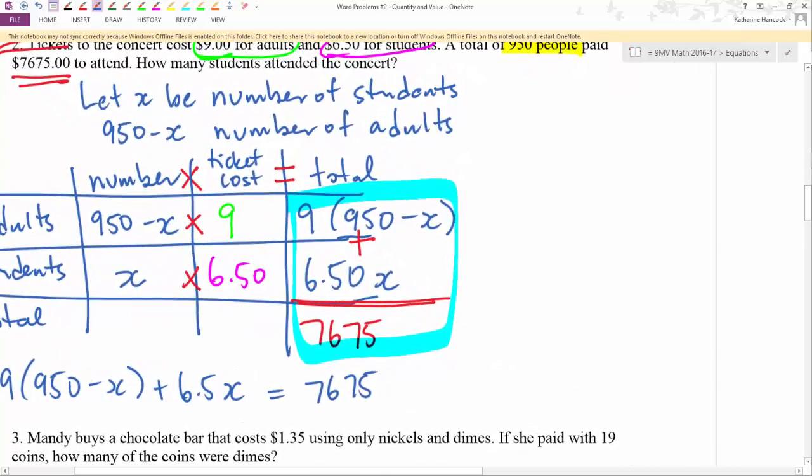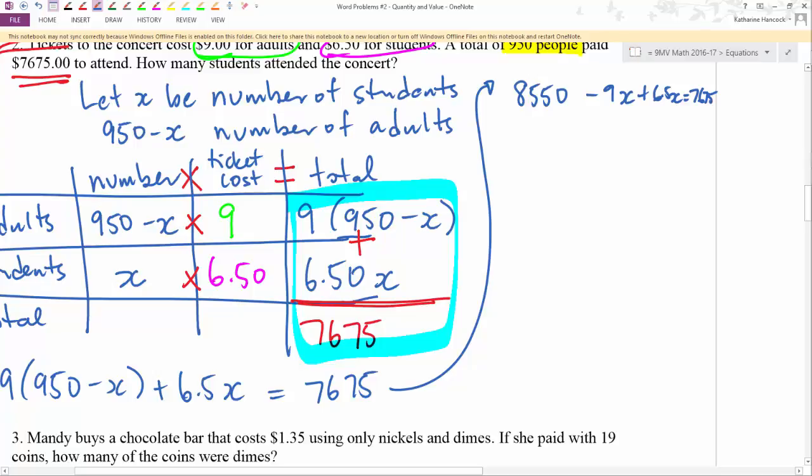I'll come up here. So 9 times 950 is 8550 minus 9x plus 6.5x equals 7675. So squished, I apologize. I'm going to leave the x's on this side. So 9 take away 6.5 is 2.5.